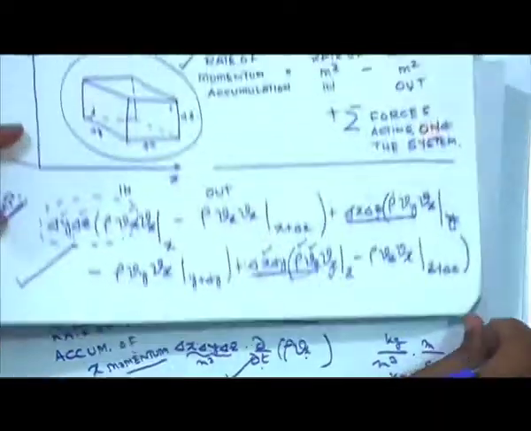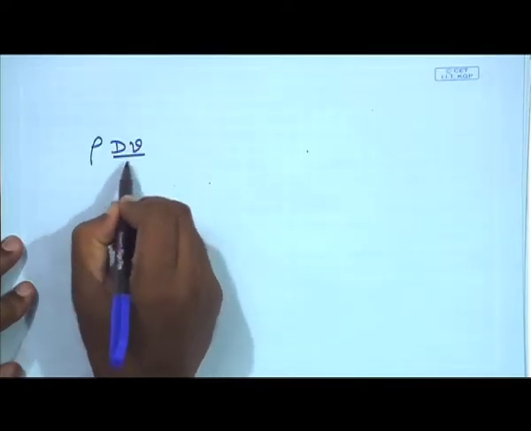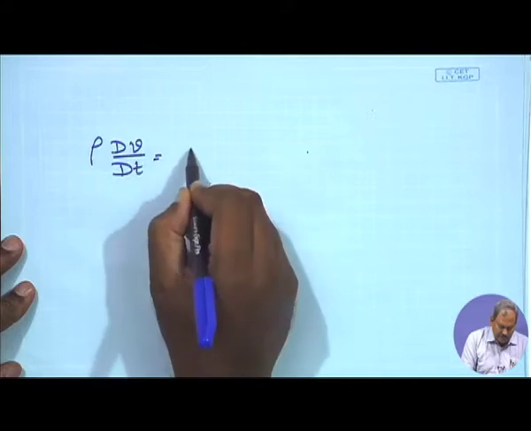So, all these terms together can be written, and I am not going to write the full form of the expression. What I am going to do is simply give you the compact form of this equation, which is rho, after some simplification.